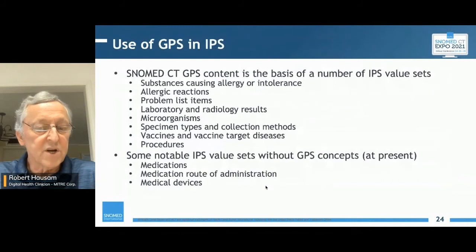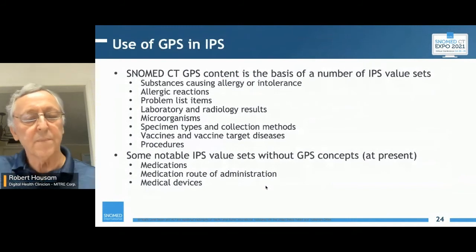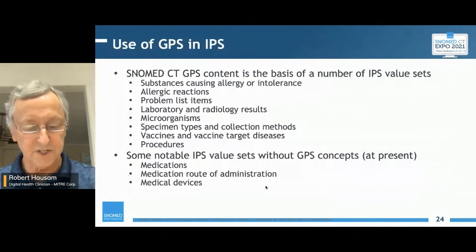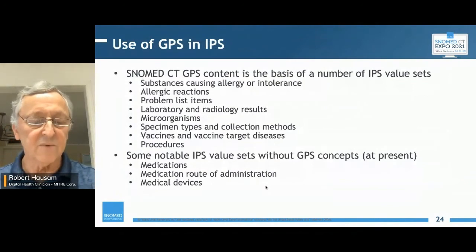Medication route of administration, we also use a different terminology for at this point, and medical devices is another one. But most of the clinical value sets do have GPS content, and with that we hope to be able to expand and improve on that as we go forward.